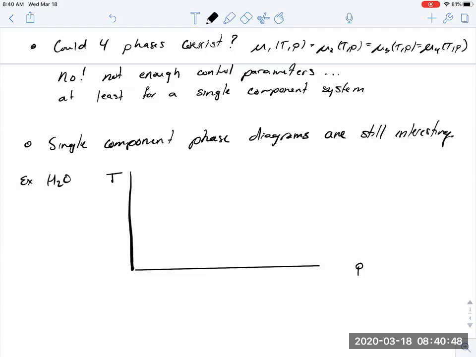Now I'm going to consider very large changes in pressure, so I'm actually going to put the pressure on a log scale. Okay, so we're going to consider temperatures such that we don't even see the vapor. There's only a liquid here. And we know that at ambient conditions, there's a transition between that liquid and its crystal.